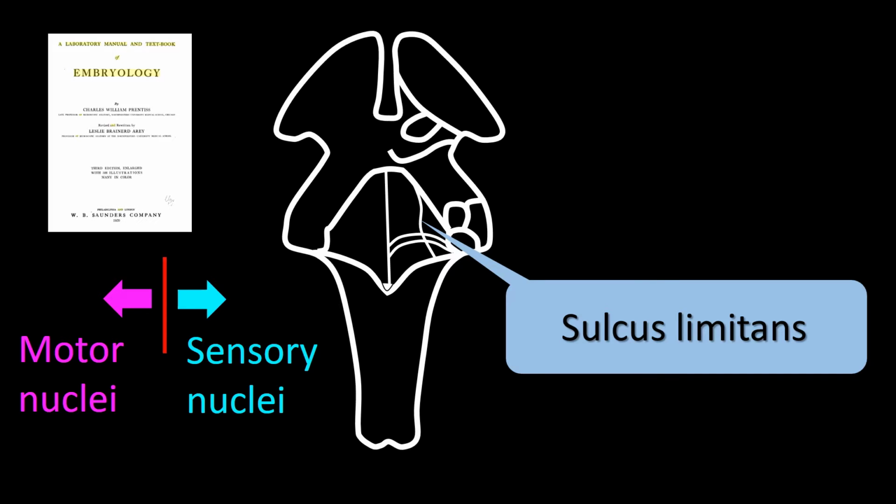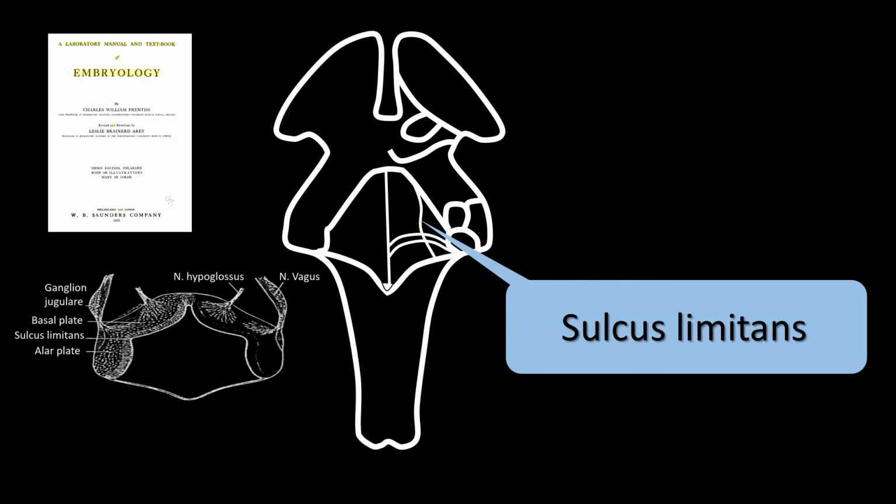A drawing in this book from 1920 established the distinction very clearly. The alar plate deals with sensory, separated by the sulcus limitans from the basal plate. The basal plate deals with motor nuclei.